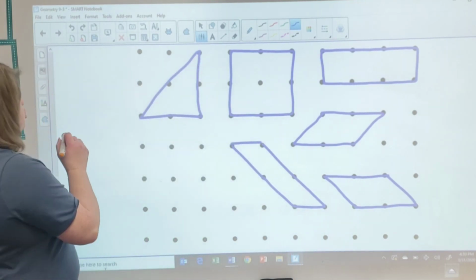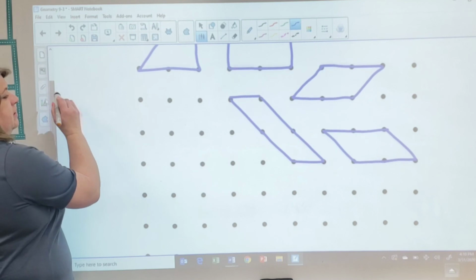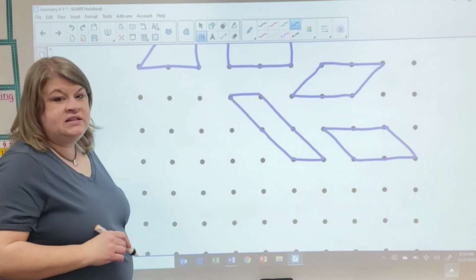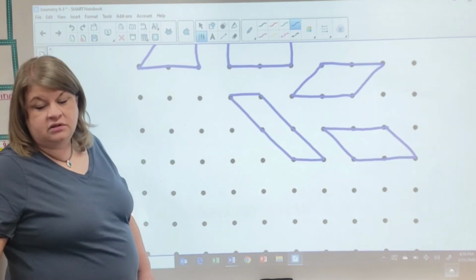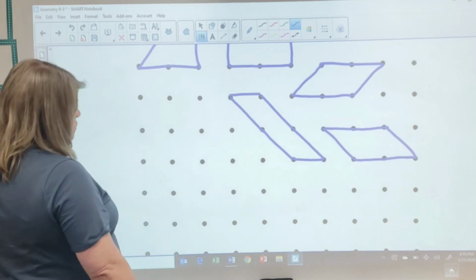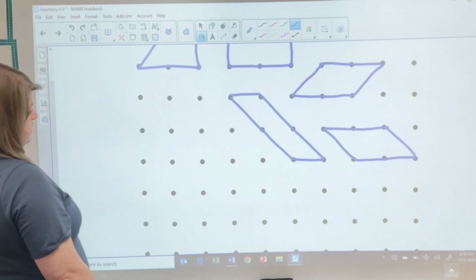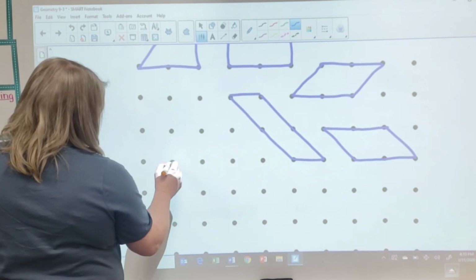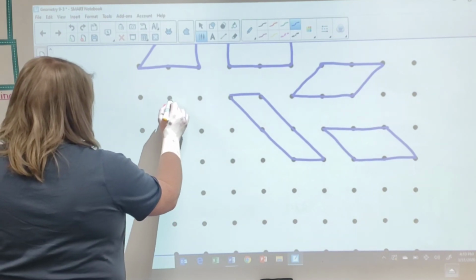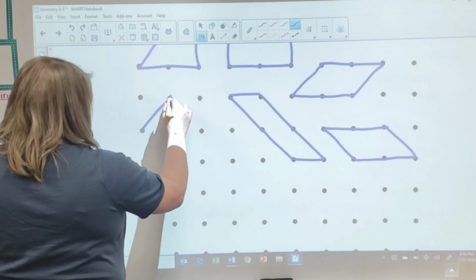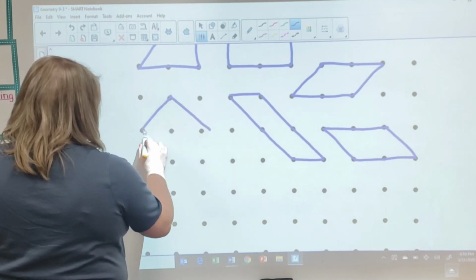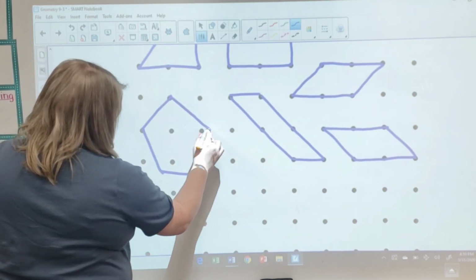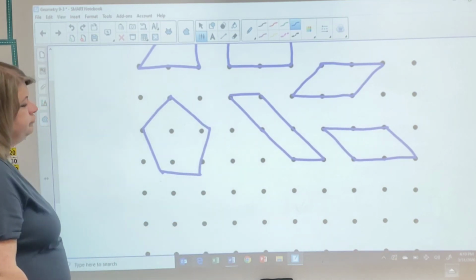All right, our next shape we're going to draw is a pentagon. How many sides does a pentagon have? 5. So this can get a little tricky on this dot paper, can't it? We're not going to be able to stick exactly with the dots. We can't make them exactly even.